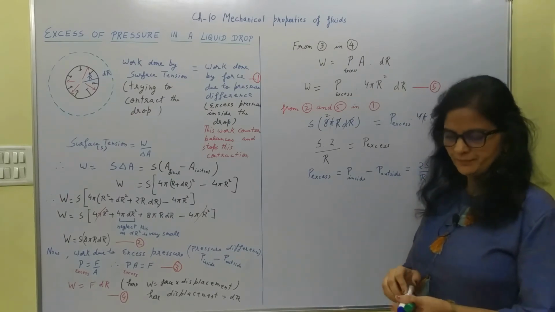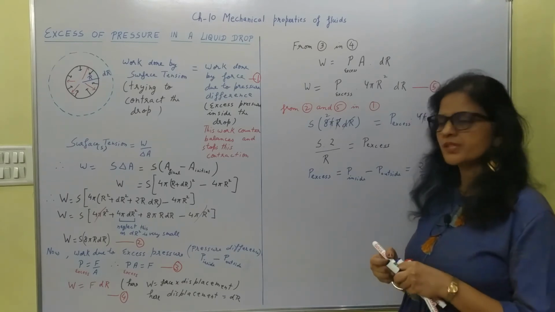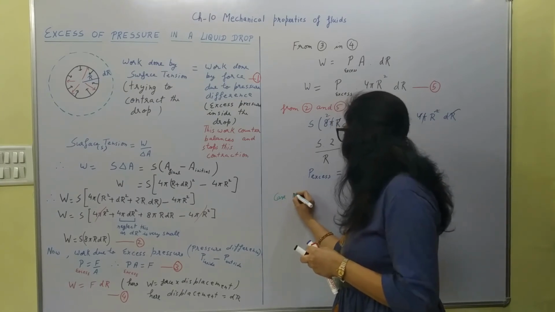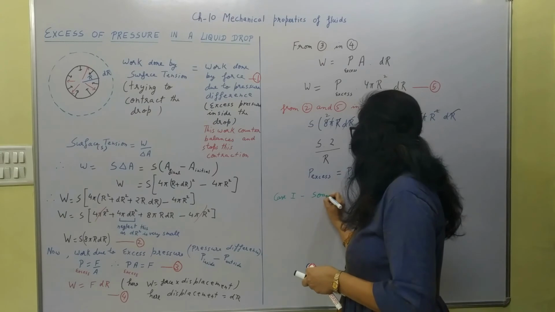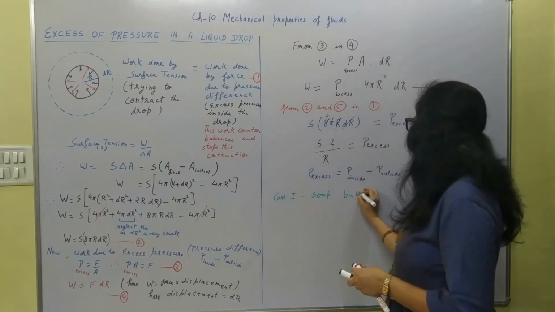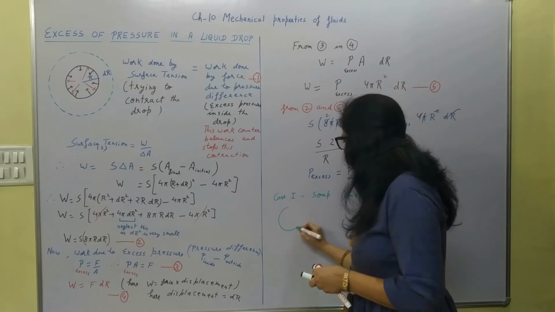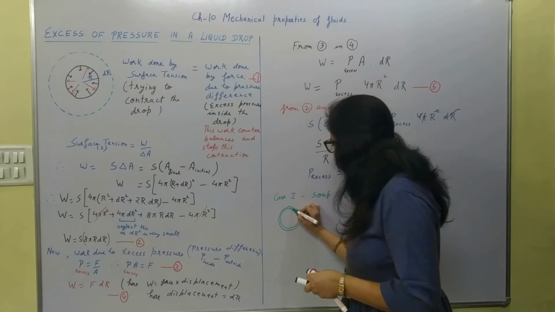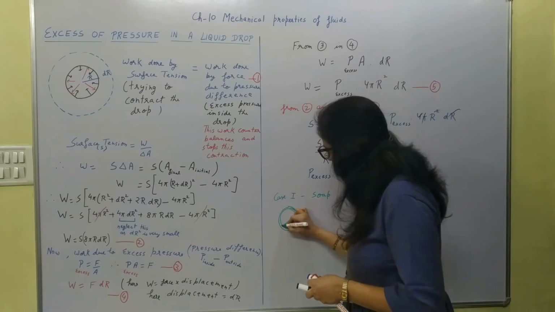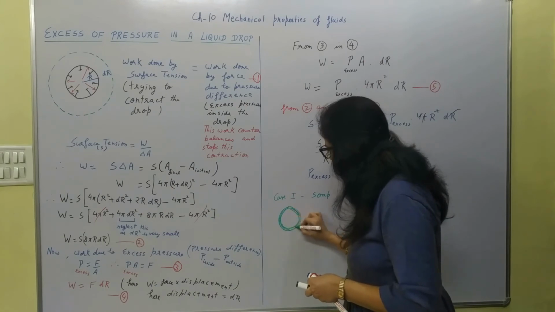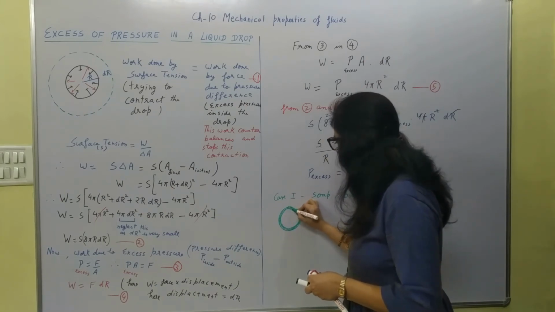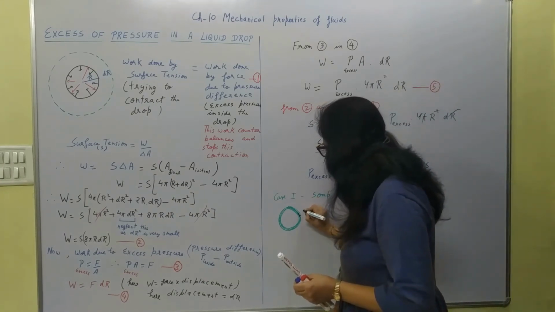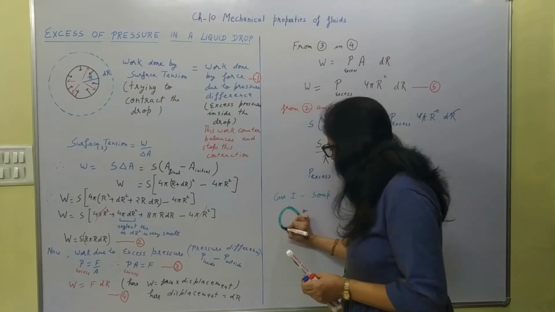But for a soap bubble, we know that it has two surface areas. If we talk about a soap bubble, how many liquid-air interfaces does it have? If this is liquid, this is air, and this is liquid, this is air.